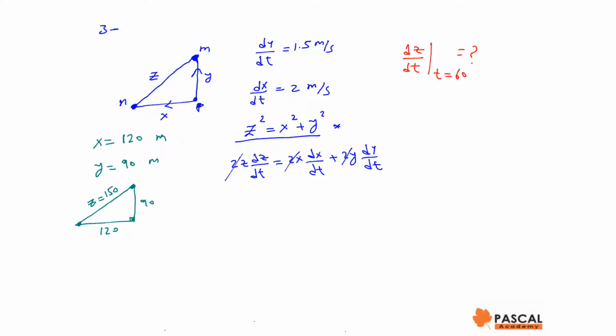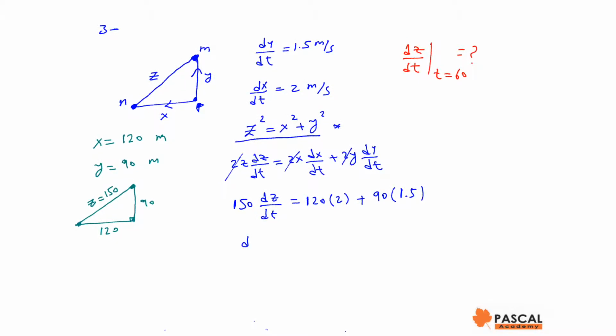We reduce it by 2. We know z is 150. We are looking for dz/dt. We know x is 120 and dx/dt is 2. We also know y is 90 and dy/dt is 1.5.